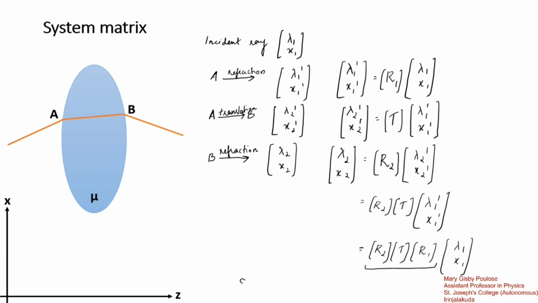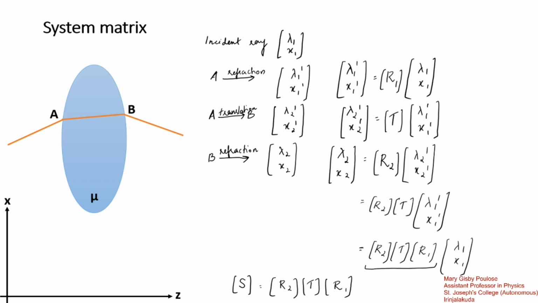Hence I can write the system matrix of a lens is given as product of R2 into T into R1. We have to observe the order of multiplication.